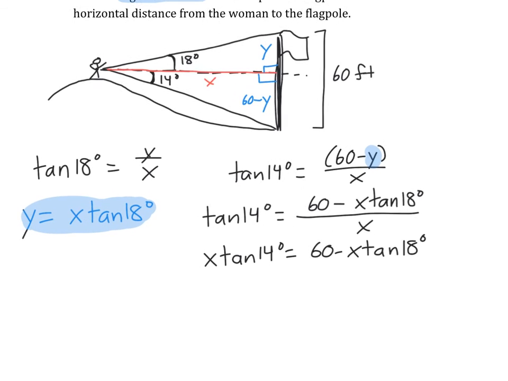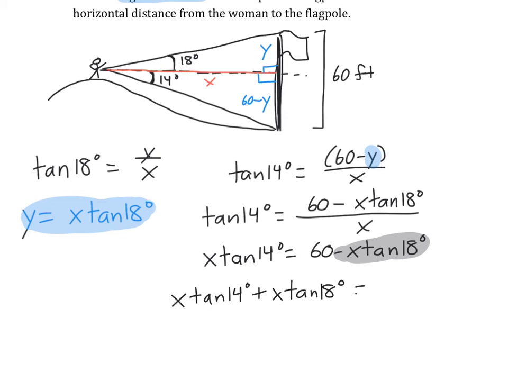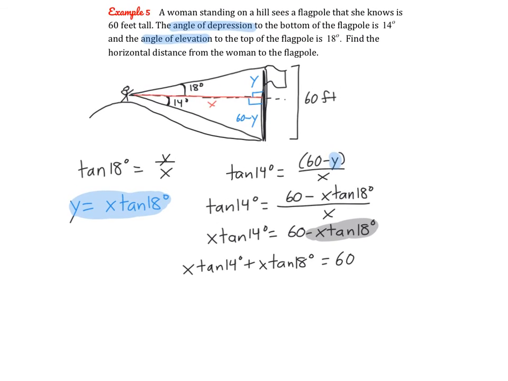Okay, so from here, you're going to notice that I have an x term on this side and an x term on this side. So I'm going to want to make sure that my two x terms are brought to the same side. So I'm going to move this to the other side of my equation using addition. And now that I have both of my terms with x on the same side, I can actually factor out the x.